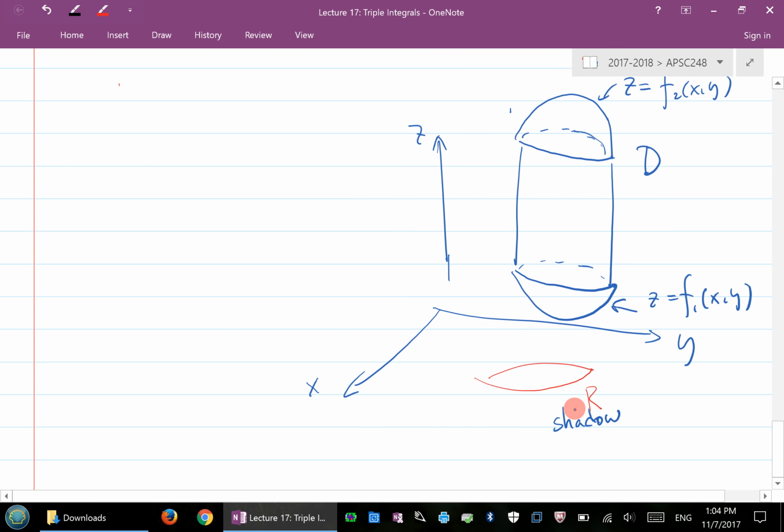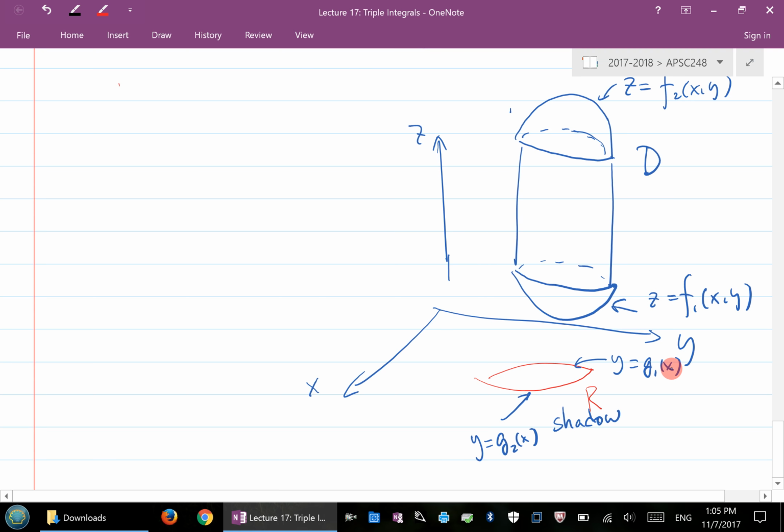And for the shadow R, it very often could be bounded by two curves. So let's say this side here is y equal to g2 of x, and this side here is y equal to g1 of x.